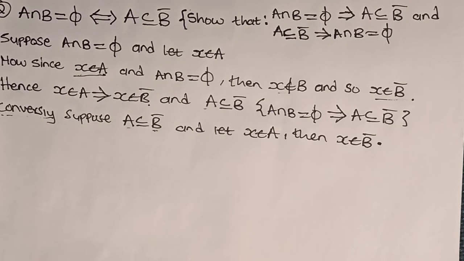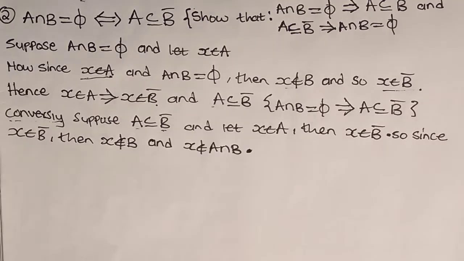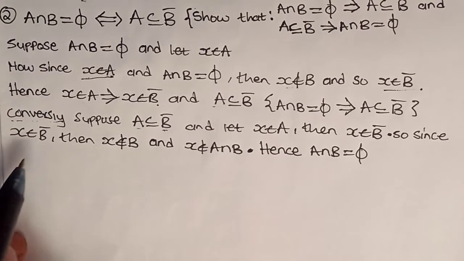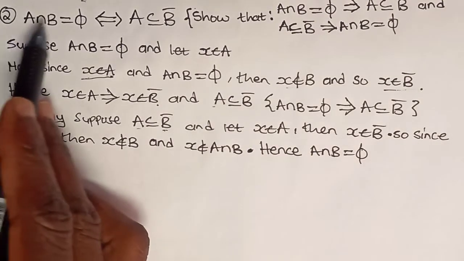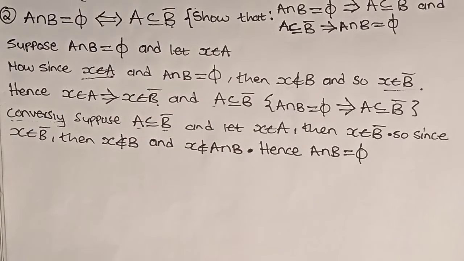So since X is in B complement, it is not in B. And so X is not in A intersect B. Hence A intersect B is empty. So we have shown that these two statements are equivalent, or they support each other.